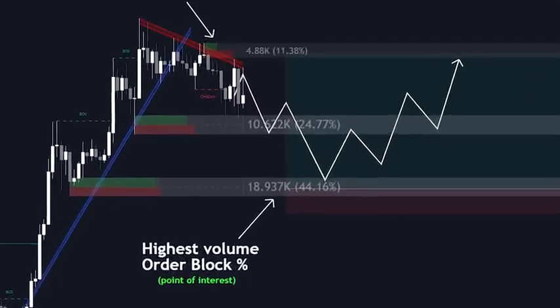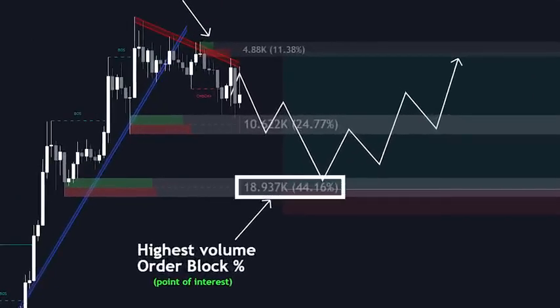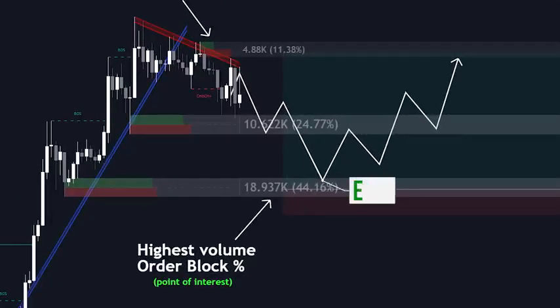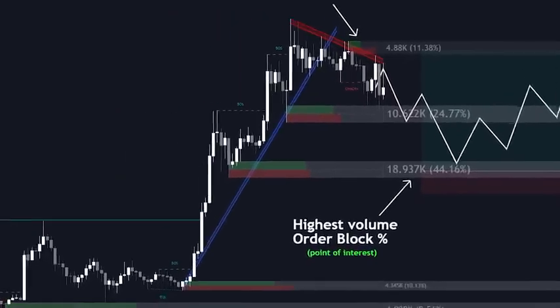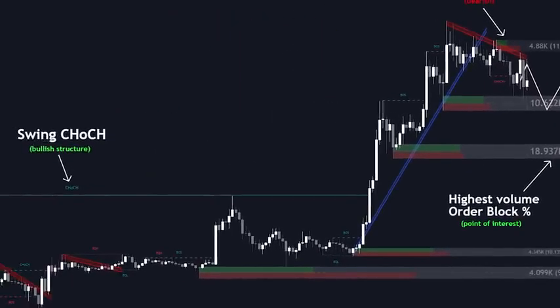For example here, using the metrics in the order blocks, we can find way better points of interest for entries, used in confluence with the overall market structure. And we could also see it's overall bullish with the swing CHoCH that activated earlier.